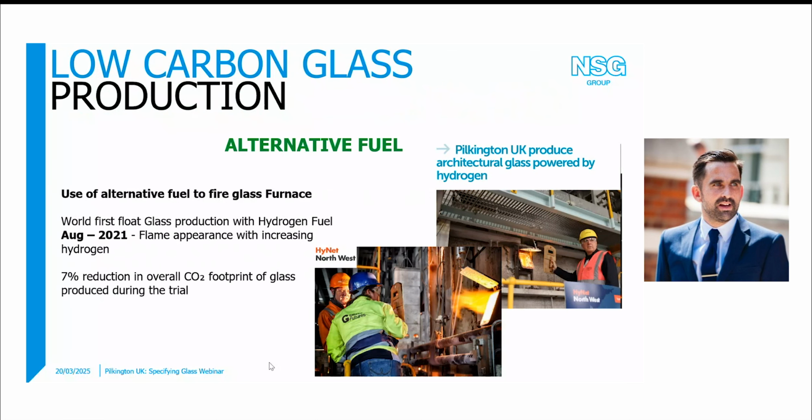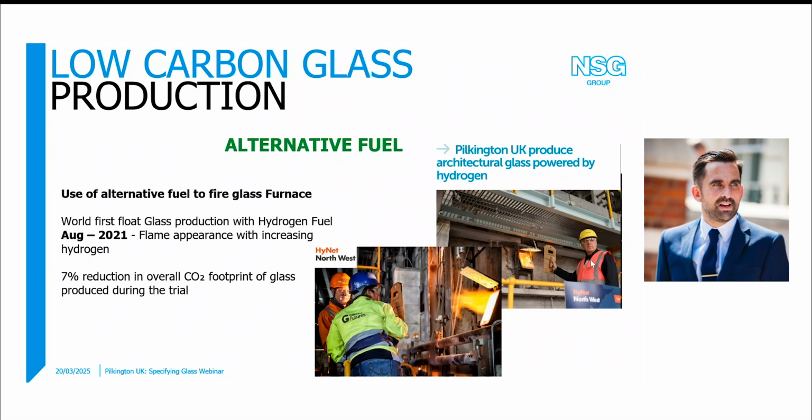I'll look now into alternative fuel use to fire the furnace, that furnace that reaches 1,600 degrees. Something groundbreaking in float glass production took place back in 2021 with Pilkington, and our first hydrogen fuel trial. In fact, it was the world's first at the time, using hydrogen to fire a glass furnace.